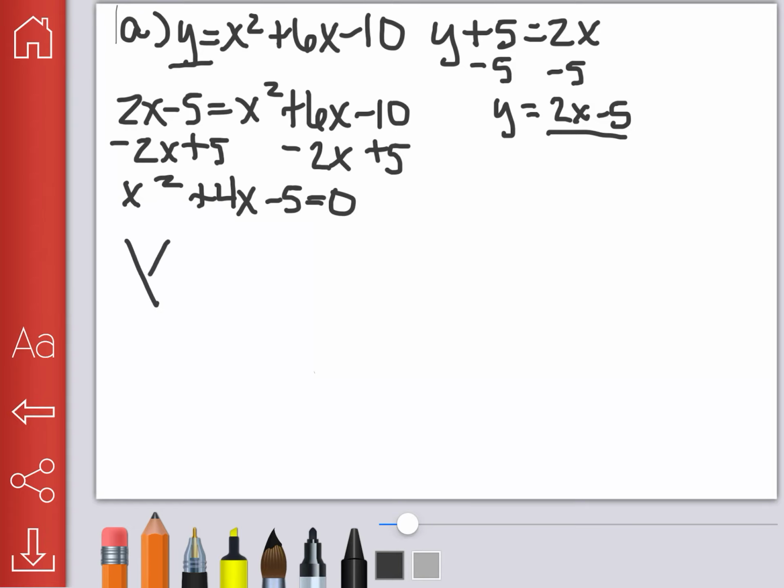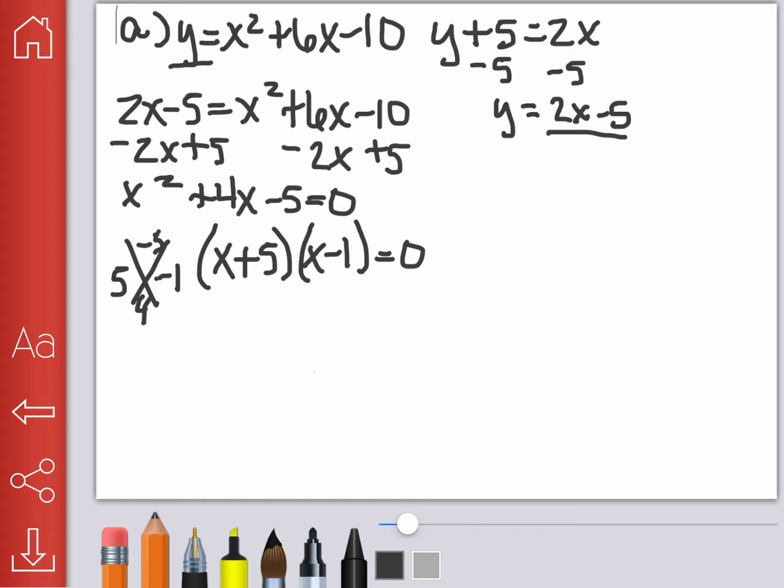Now we want two factors of negative 5 that add to positive 4. So that's going to be a positive 5 and a negative 1. So I've got x plus 5 and x minus 1 equals 0.